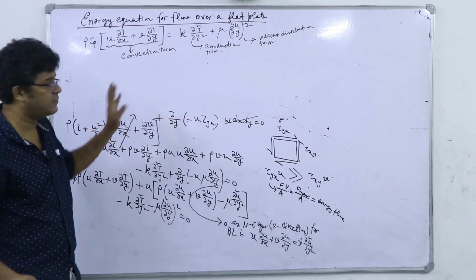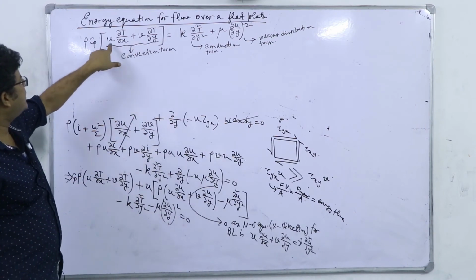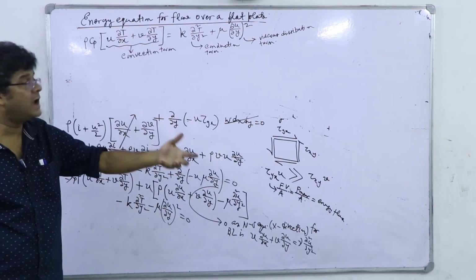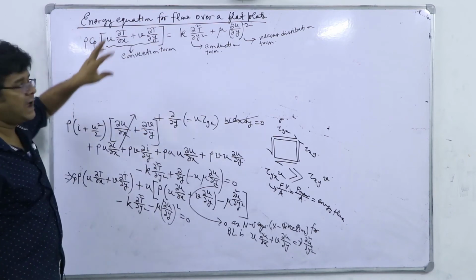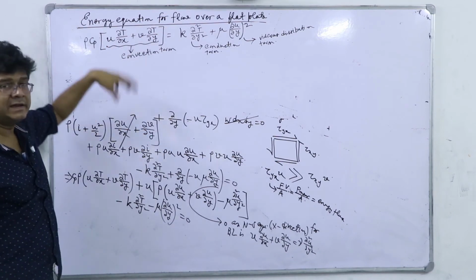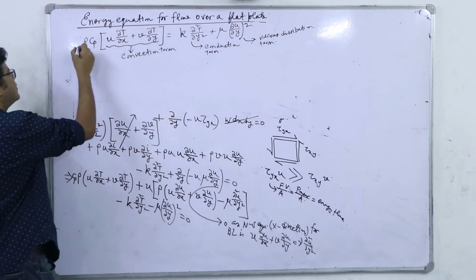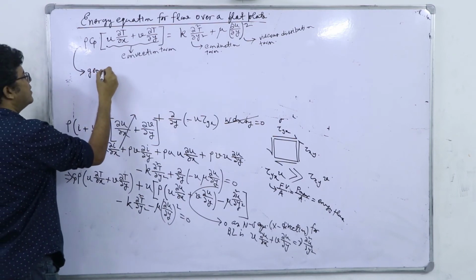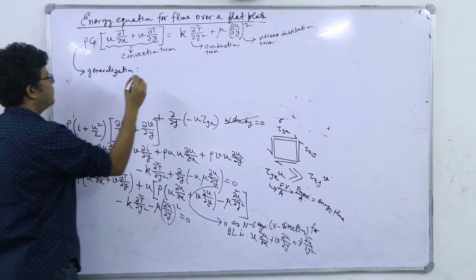Next, what we are going to do is draw an analogy: this is u del t del x, v del t del y, and if I add z direction, it will be w del t del z, right? And if we add unsteady state, there will be del t, because it has quite a similarity with the Navier-Stokes equation. So here we are going for generalization, though it is not logical, it's more intuitive.